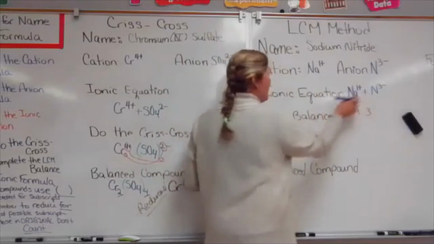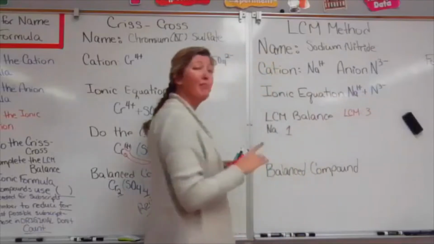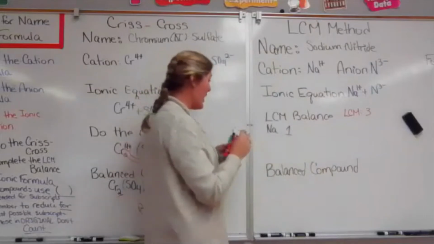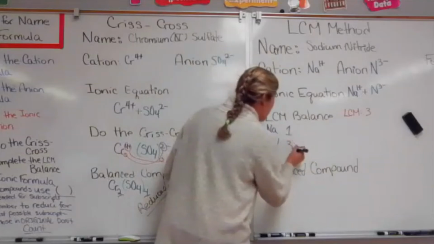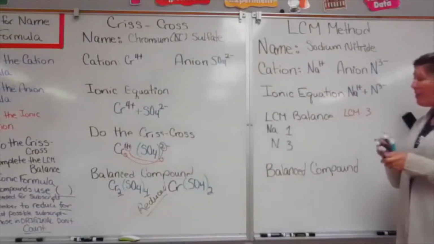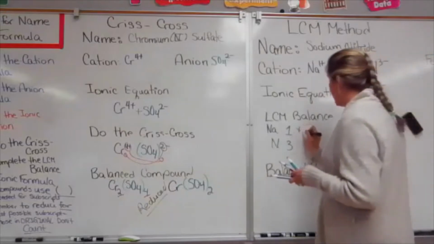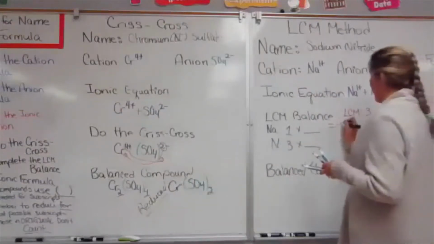And we go ahead and pull down the cation charge of 1. We then pull down our anion, which is N, and our anion charge of 3. Then, using math, we know that 1 times something and 3 times something will give us our LCM number of 3.